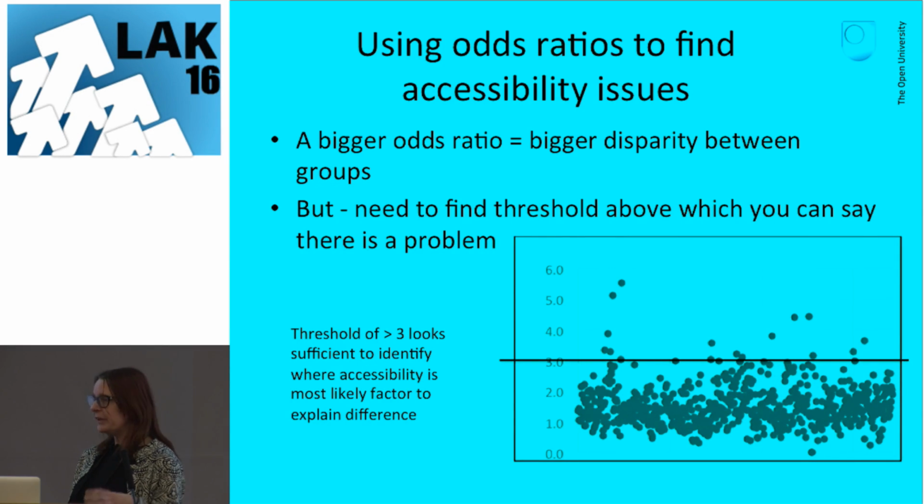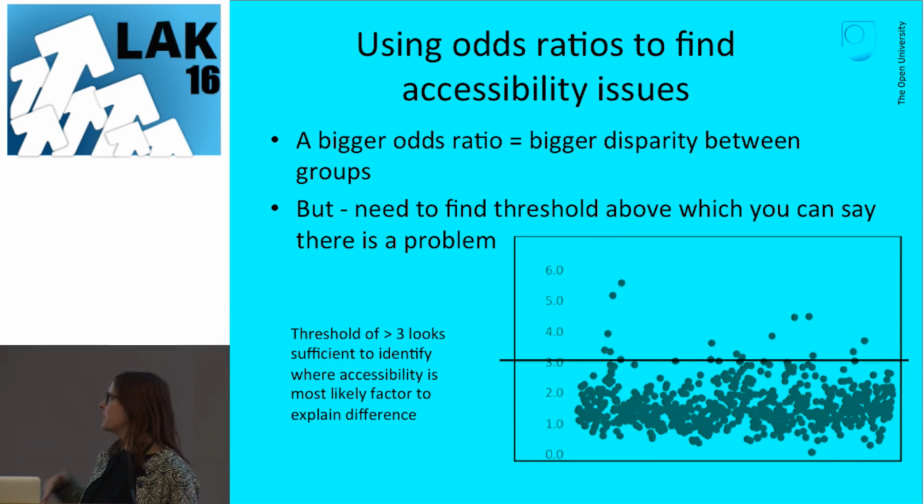So you can get the odds ratio for all of these modules. But then you need to identify what indicates that there is a significant accessibility issue compared to other issues, because as mentioned, there are various reasons why disabled students might struggle.